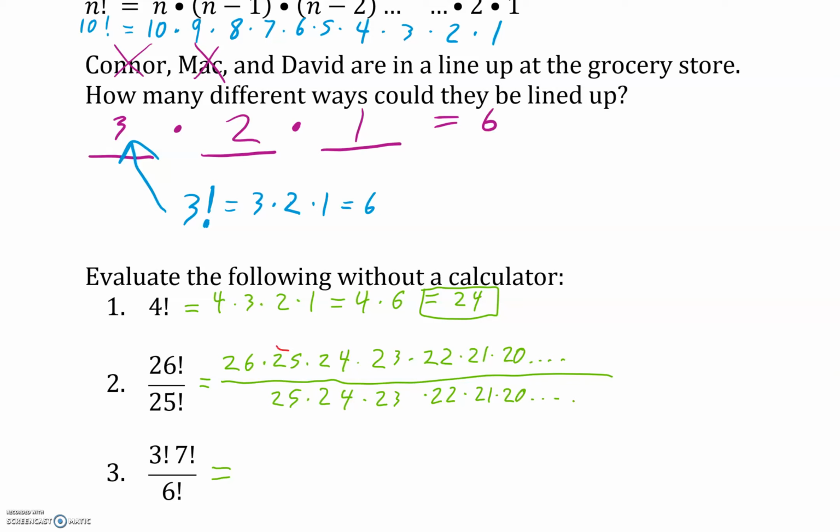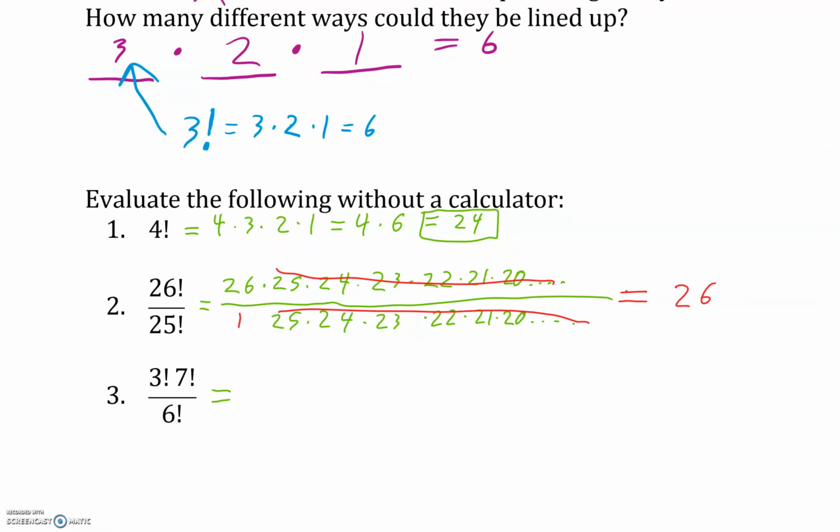So what happens here is the top and the bottom can cancel out all of those different things. So you're left with a 1 at the bottom and 26 on top. So this equals 26. Notice how that actually becomes a lot easier than even putting that in a calculator.